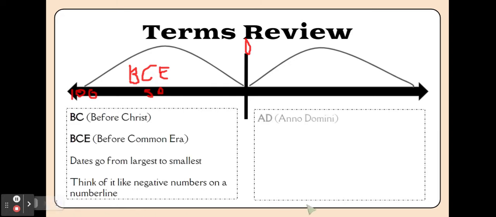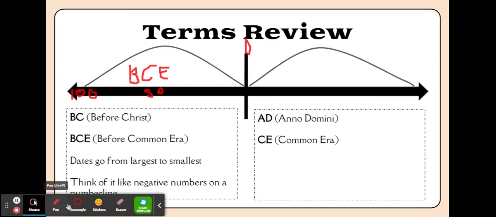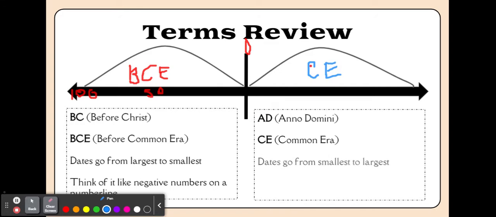On the other side, we have Anno Domini, which remember that means in the year of our Lord, and CE. So in this lesson, you will see CE used. Let me use a different color. Let's go with blue. So on the CE side, you're going to have dates go from smallest to largest, like positives on a number line.